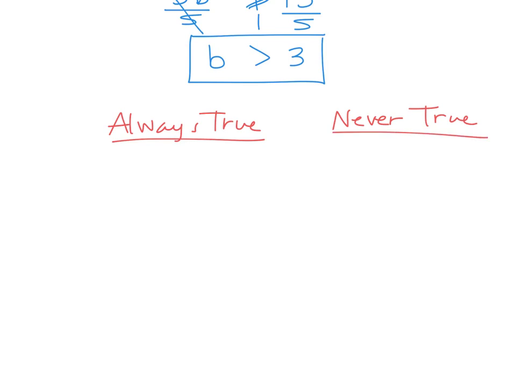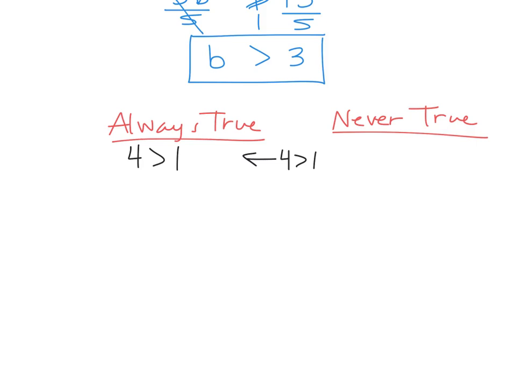So let me give you some inequalities, and you tell me where it would go, okay? If I tell you 4 is greater than 1, is that always true or never true? 4 is always going to be greater than 1, right? So 4 is greater than 1 is always true.